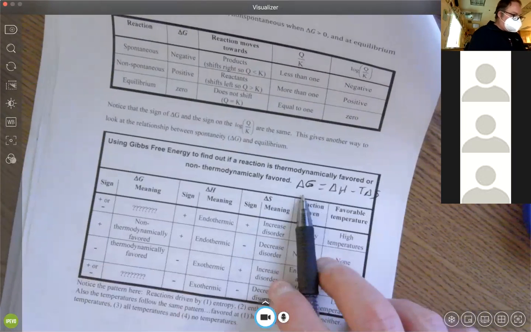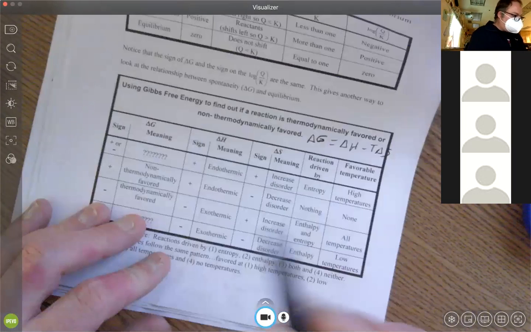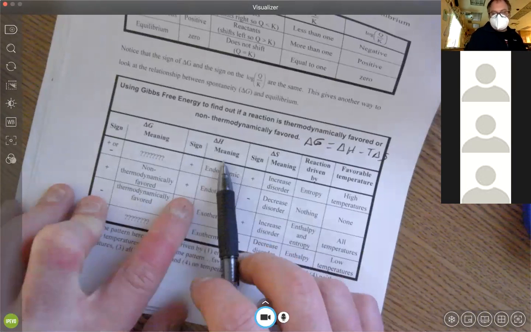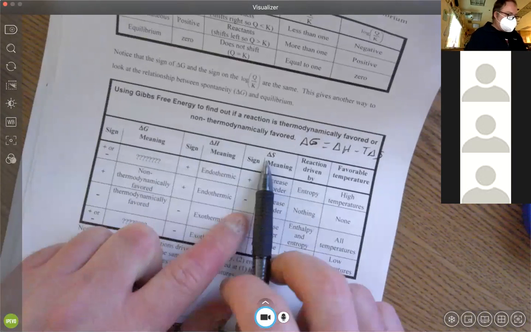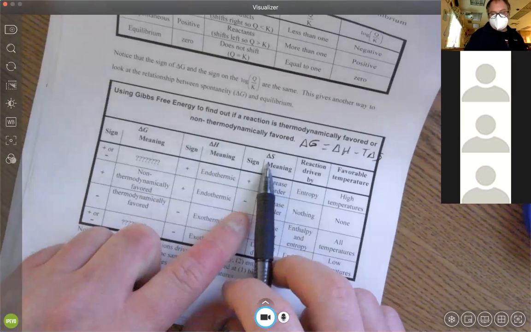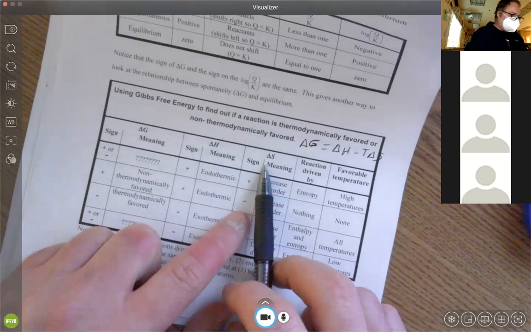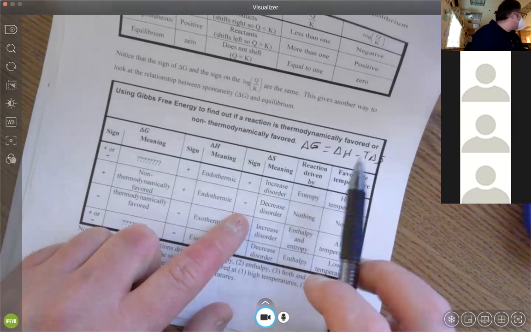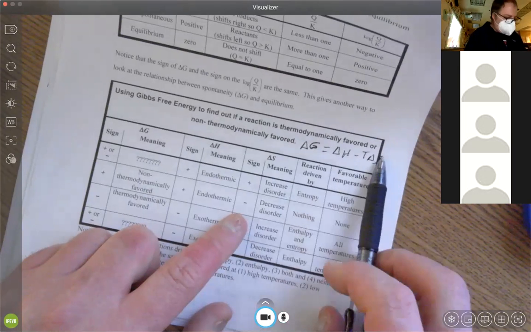If we have a positive sign for delta H and a negative sign for the entropy, or the disorder, there's nothing you can do, because you're taking a positive and subtracting a negative, which will give you indefinitely a positive number.